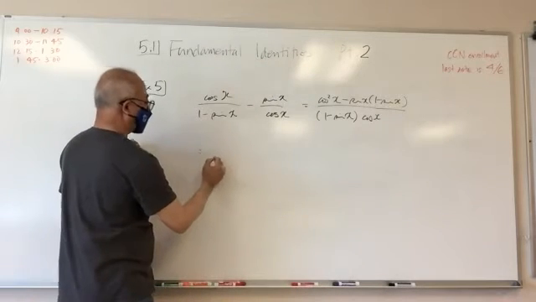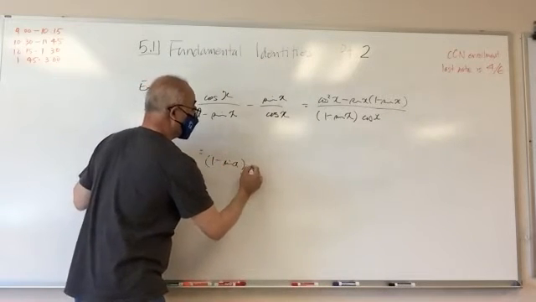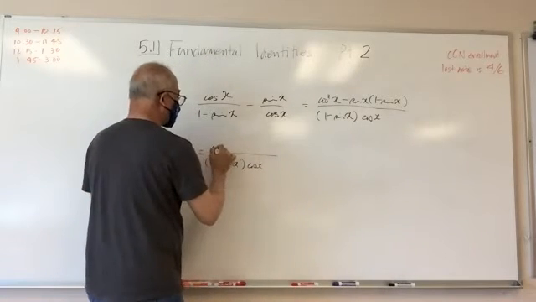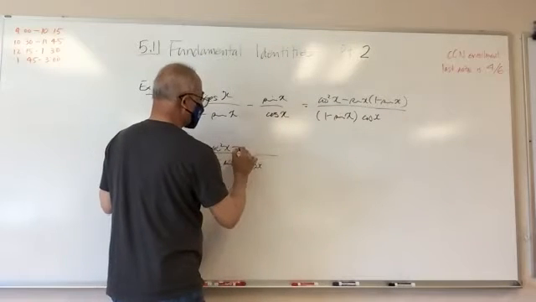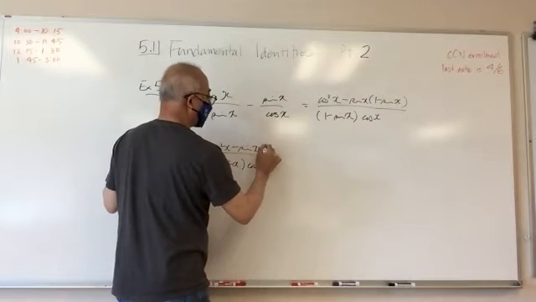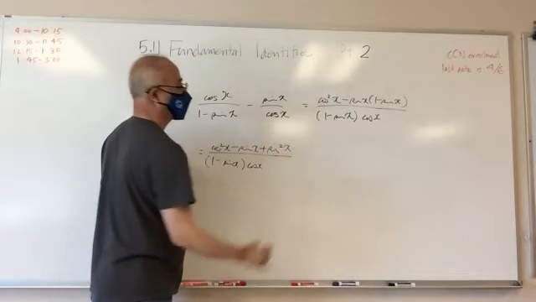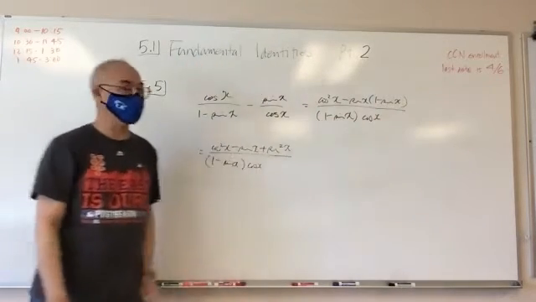So I'm going to get 1 minus sine x times cosine x on the bottom. On the top, if I do this out, I get cosine squared x minus sine x plus sine squared x, correct? Because I have a negative times a negative here, becomes positive.